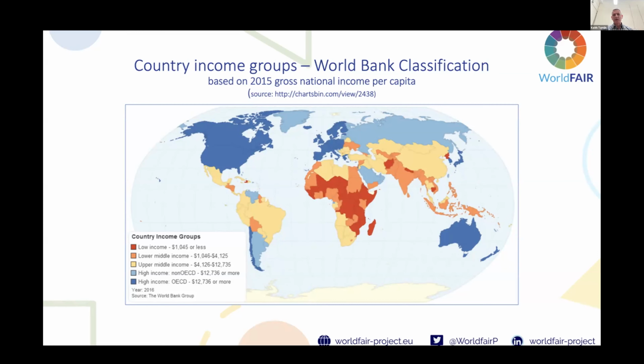In fact, it's based on a measurement of gross national income per capita. It's often a World Bank classification, and we can see here a map from 2015 data, which has carried this classification out into lower middle income, upper middle income, and high income countries. And so the distribution of that is quite clear.